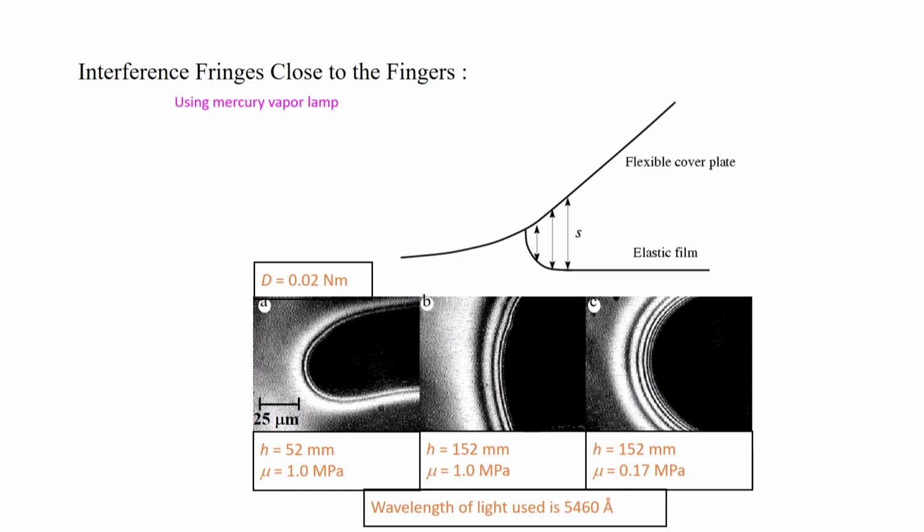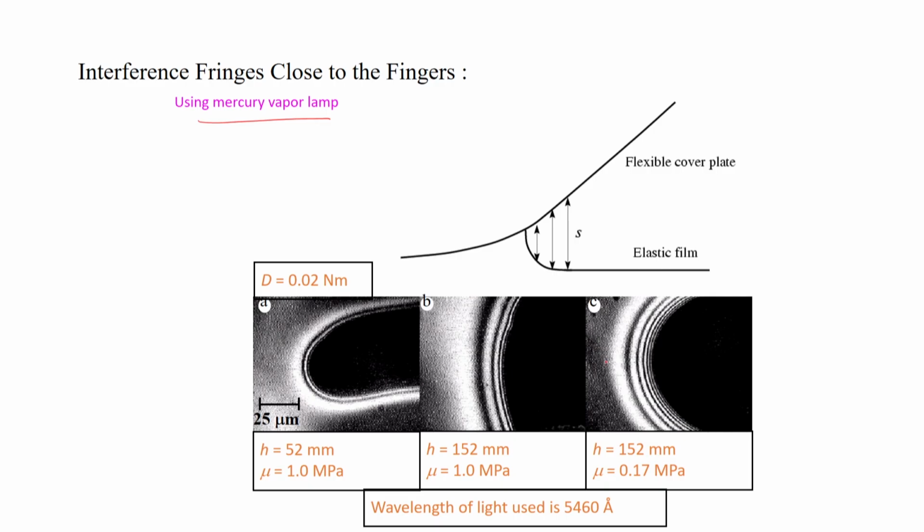We can do the same thing by looking at the interference patterns. Here monochromatic light from a mercury vapor lamp is used under an optical microscope, so that fringes appear at the fingers. This shows how the gap varies between the cover plate and the film very close to the tip of the finger.